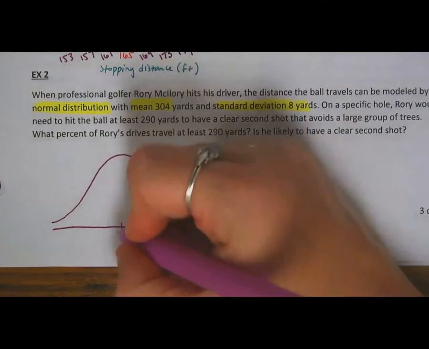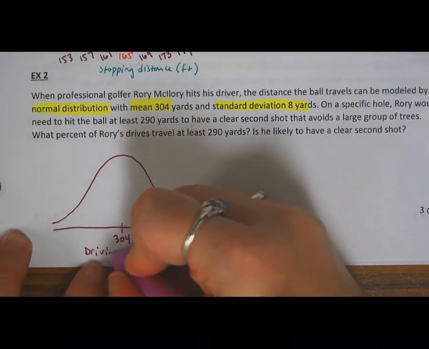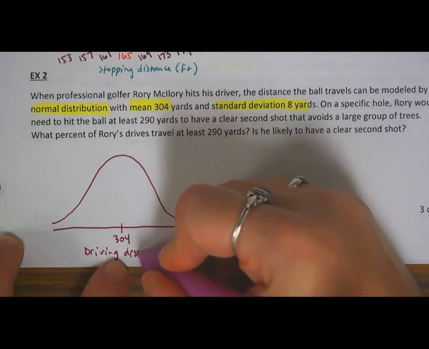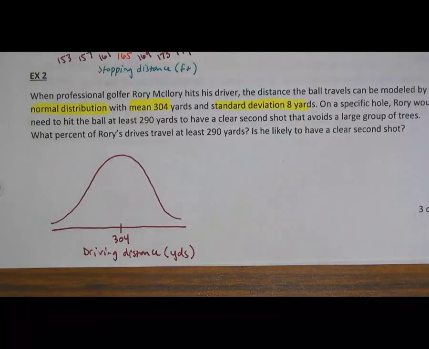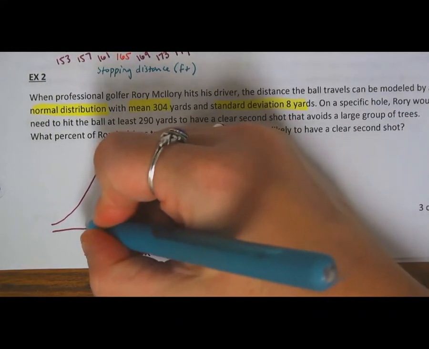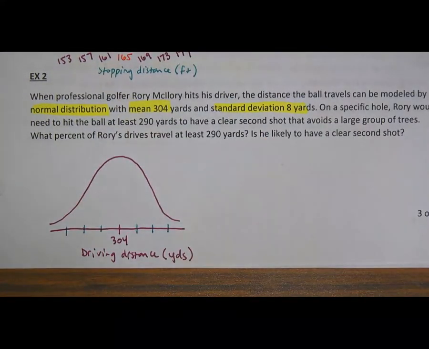Draw it out. The mean is 304 yards. This is his driving distance in golf, specifically in yards, how far he can hit the ball. And then standard deviation is 8, so count by 8. And I'm going to grab my calculator. Minus 8, minus 8, minus 8.